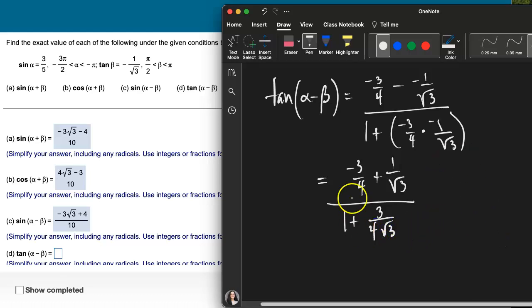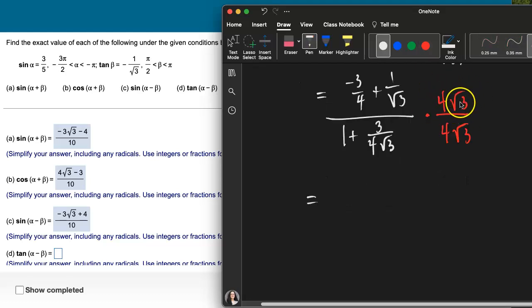I do see 3 denominators within this entire fraction, and one thing I could do is multiply by the number 1, but one that shares all the common denominators, which would be 4 square root of 3 over 4 square root of 3. That's essentially multiplying by 1, so I would not be changing the value here.